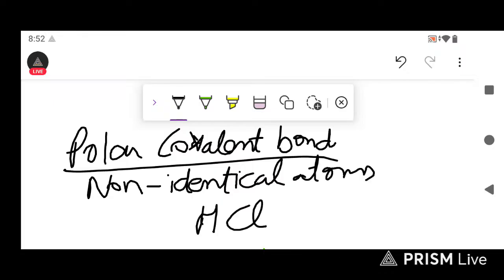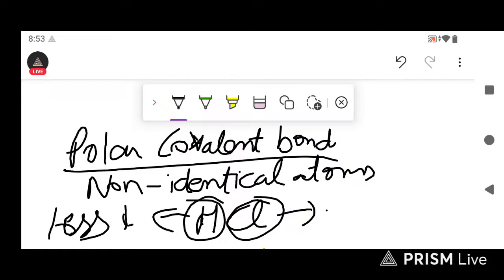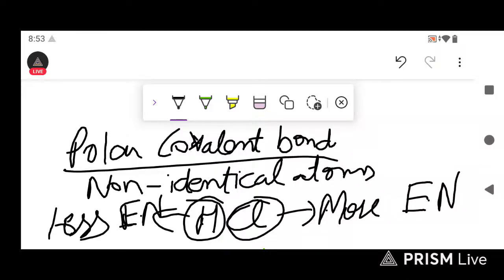HCl. Here the bond formed is called a polar covalent bond because hydrogen is less electronegative, while chlorine is a more electronegative element. So there is a great difference between the electronegativity values of hydrogen and chlorine, and we call it a polar covalent bond. Partial positive and partial negative charges are created in them.